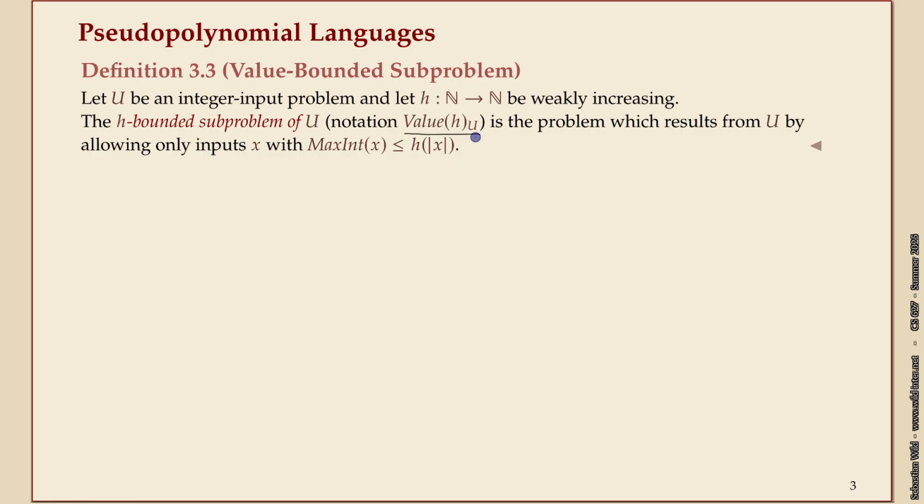And then we say value of this bound, subscript u, is a new problem, but one where I'm only allowed to use inputs where the max int is small, smaller than h. Okay? So think of all the TSP instances where the distances are at most 10, or a function of the input size, at most square root n. That's up to you.